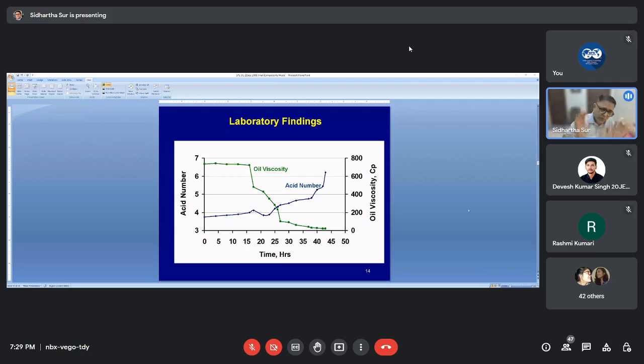The most important curve is this one, the general effect of temperature on oxygen uptake rate. If the y-axis is the oxygen uptake rate and the x-axis is the temperature, and you subject a heavy oil in an inert atmosphere and increase the temperature from the reservoir temperature to 800 degrees C, you will see this sort of curve getting generated.